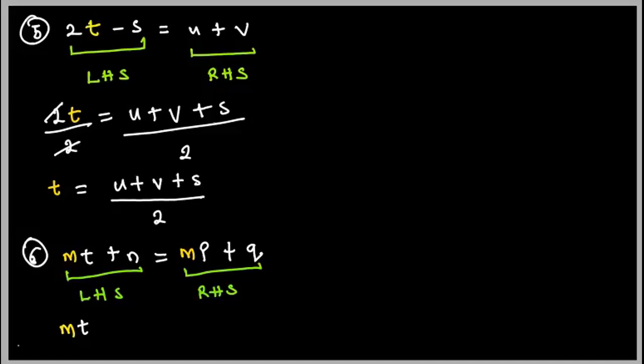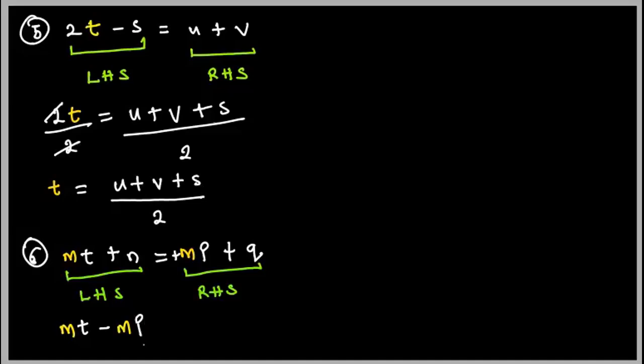But if mp crosses and comes over to the left hand side, it becomes negative, because it's positive here. It's carrying a plus sign that is invisible. So when it crosses to the left hand side, it becomes negative mp. Then you don't have any other term containing m.